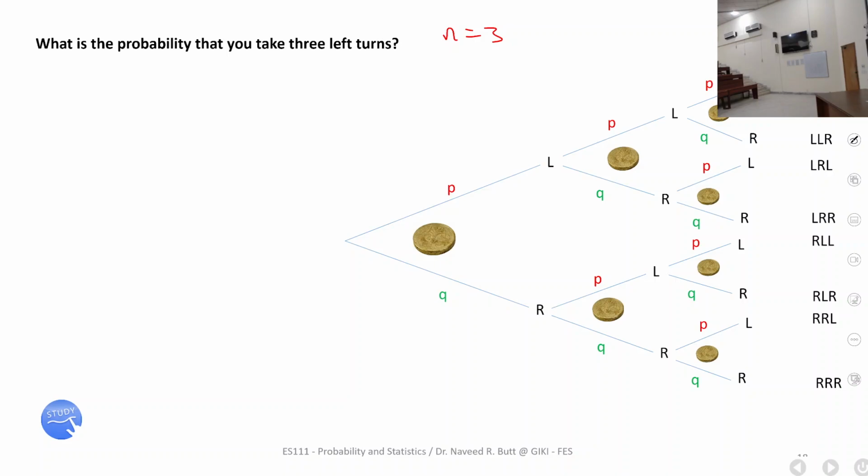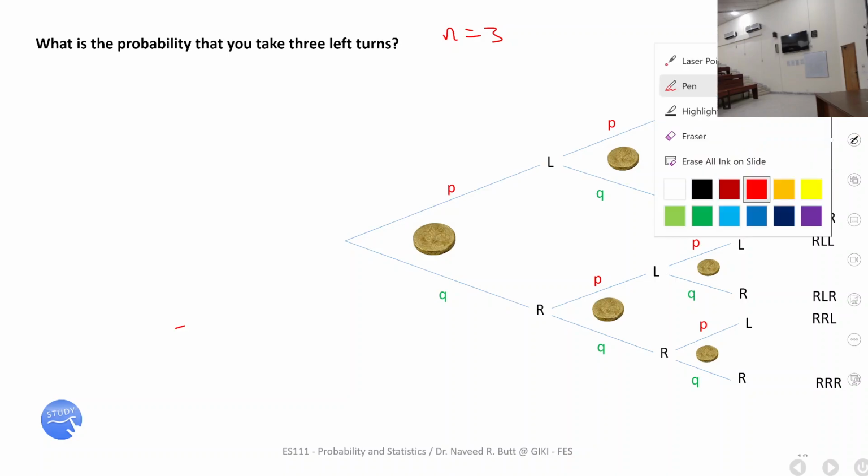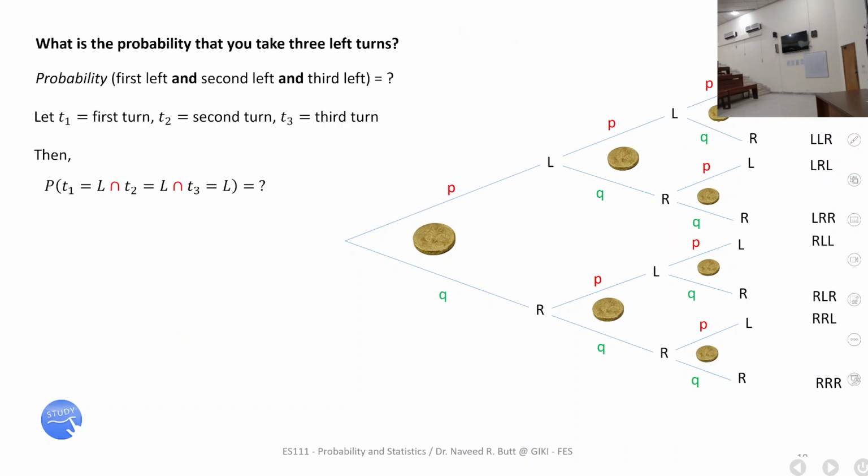If they are not equal, then you can't do 1 by 8, right? Why? Because if P is larger, let's say P is 2 by 3 and Q is 1 by 3, then this person is more likely to take left turns, right? So then the idea of equally likely won't apply. So first let's write it out mathematically and see what happens.